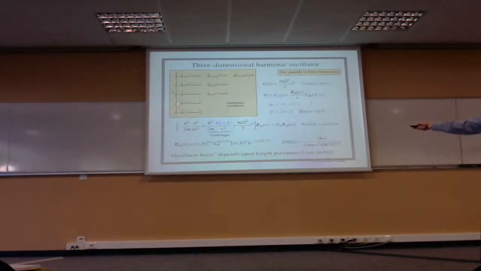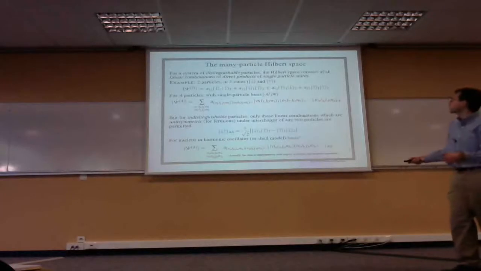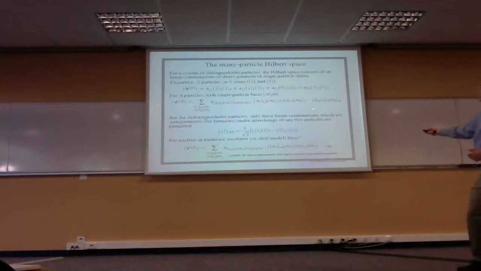Our next shell has angular momentum 1, that's why it's called the p shell, but then it can couple to spin either 1 plus 1/2 or 1 minus 1/2. Then we have 2 and 0, and so on. So our basis states are n, L, coupled to j, and then an m projection. Those are our basis states, and we use products of those.